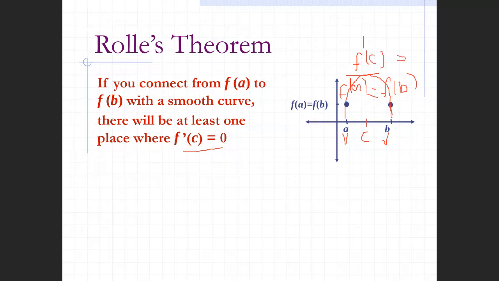So what is Rolle's theorem? Rolle's theorem says that if there are 2 points A and B such that f of A is equal to f of B, and you connect these 2 points with a smooth curve, there must be at least one point between A and B where the derivative of the function is equal to 0.